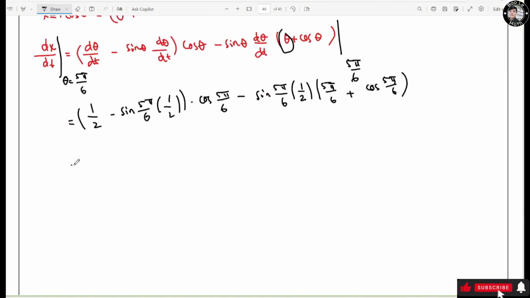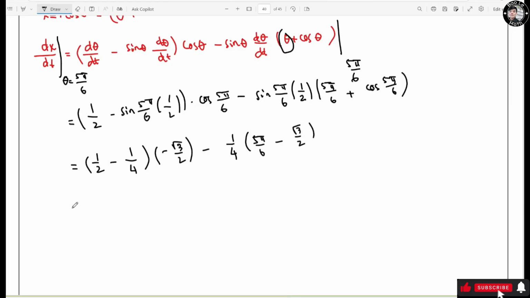Now I'm going to simplify. 1/2 minus sine 5 pi over 6 is going to be 1/2, and 1/2 times 1/2 is going to be 1/4. Cosine 5 pi over 6 is going to be negative root 3 over 2. Minus 1/2 times 1/2 is going to be 1/4, times 5 pi over 6 minus root 3 over 2.